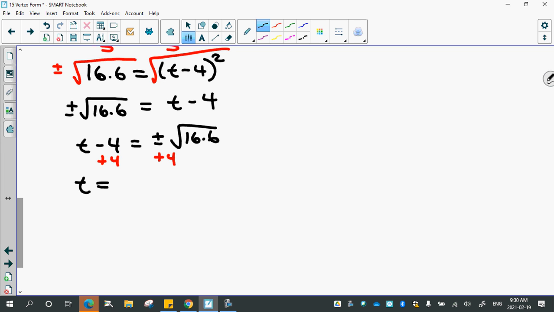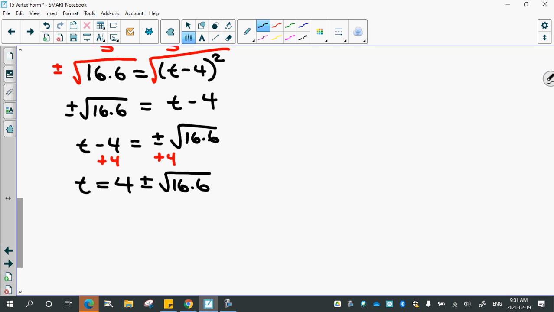So I'm adding 4 to this, but I want to put the 4 first. So I want to make it look as 4 plus or minus the square root of 16.6, okay? So put the integer first, and this square root sign is actually called a radical sign, put the radical second. So the integer first, whether it's positive or negative, and then the radical or the square root part second.